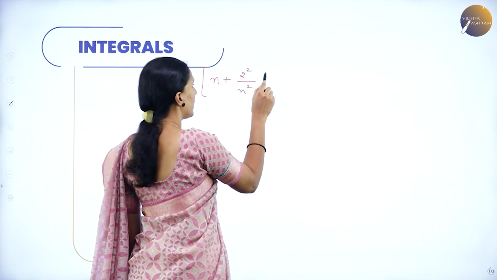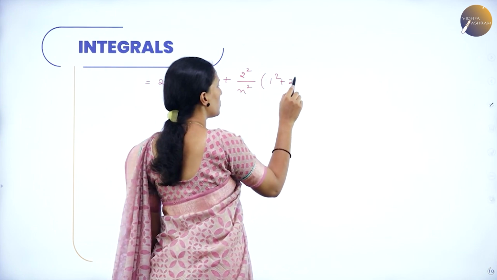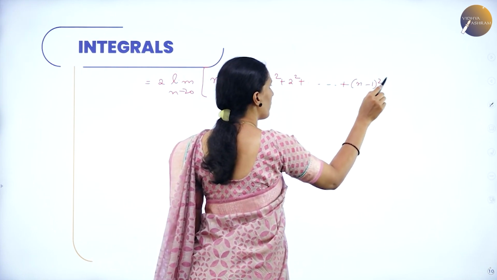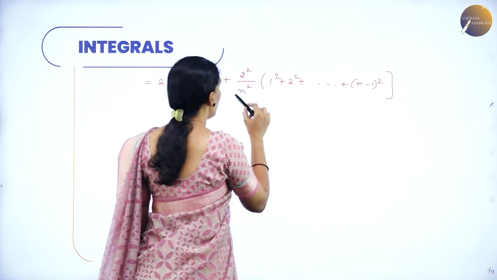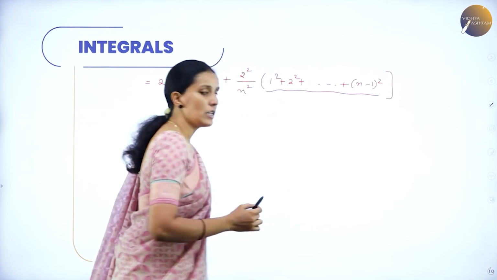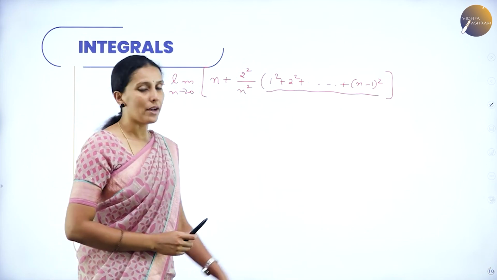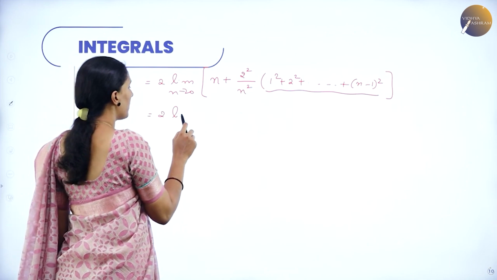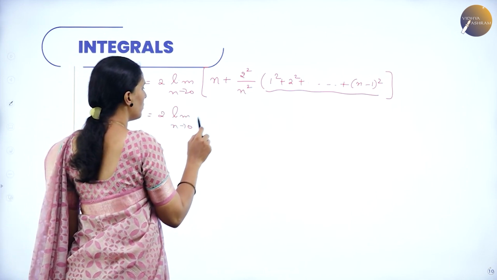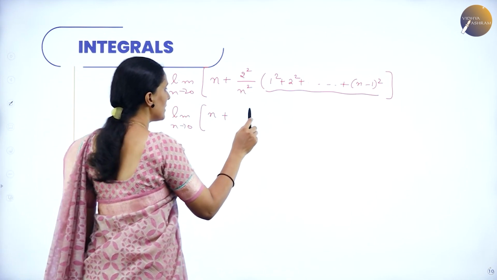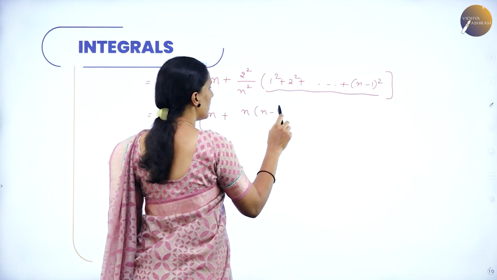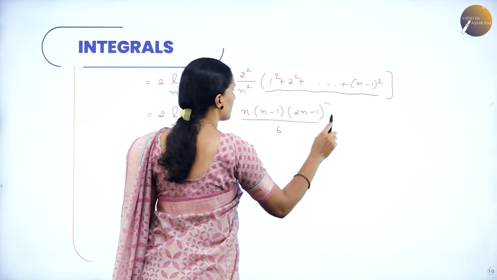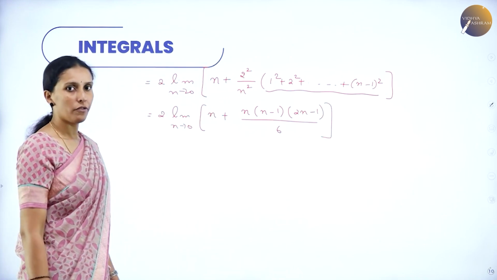If you take it outside, we will get 1 square plus 2 square plus etc. until n minus 1 whole square. So now this is a series, a sum of a series. If you apply the sum of this series, this is 2 into limit as n tends to 0, n plus this is n into n minus 1, 2n minus 1 divided by 6. So this is what we'll get.